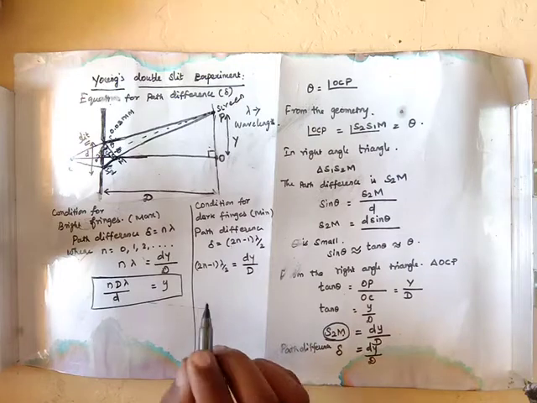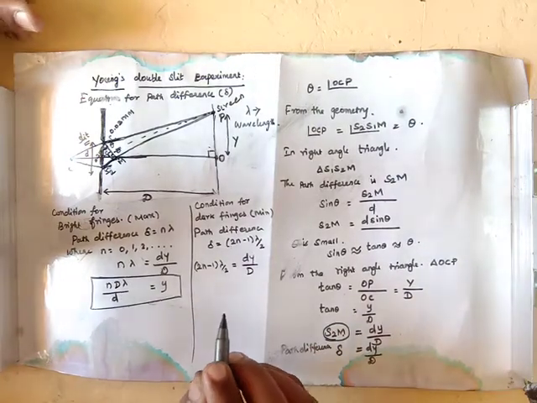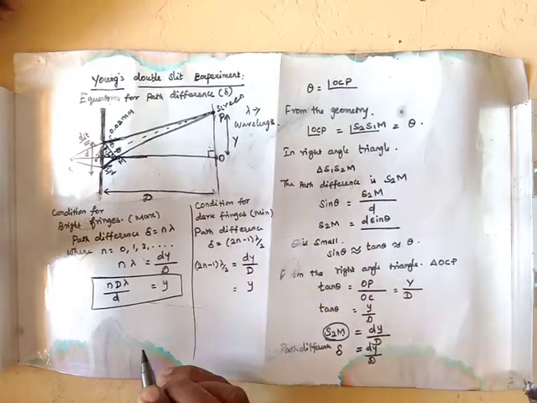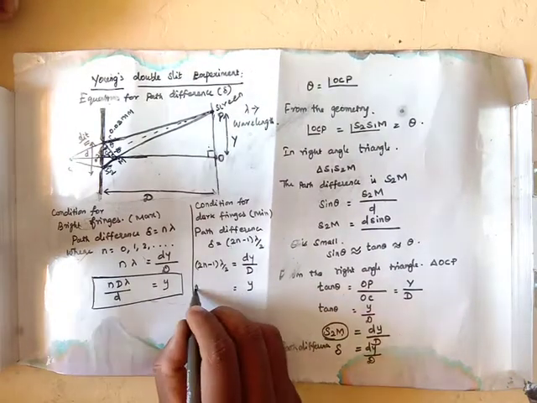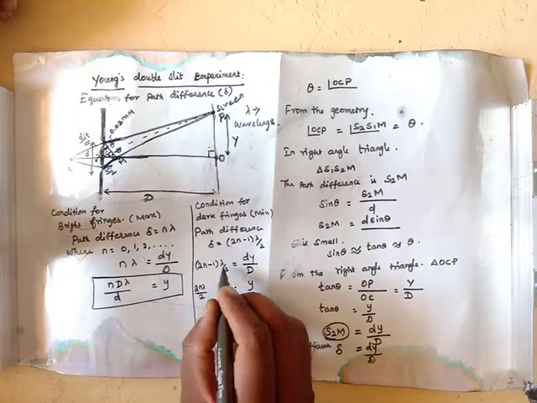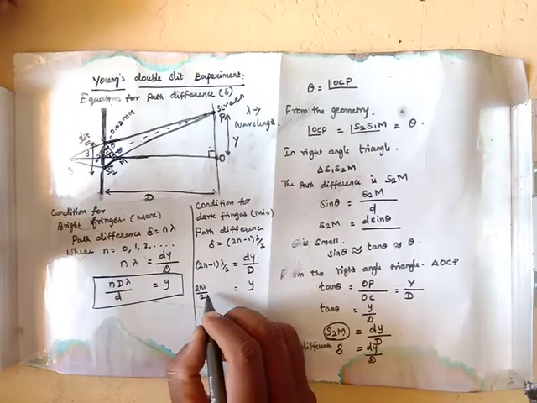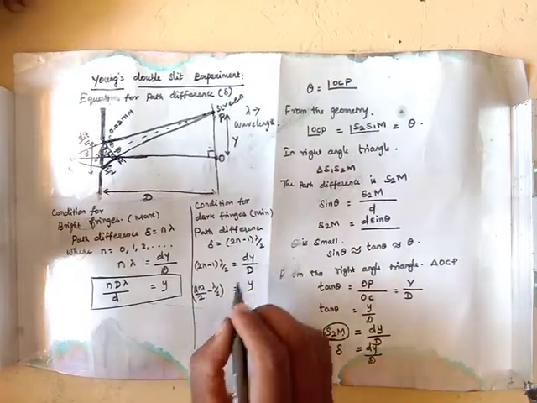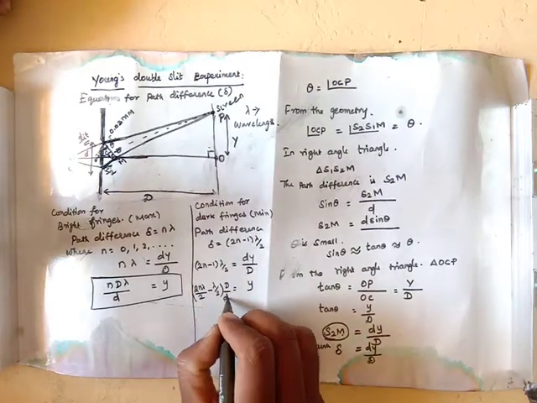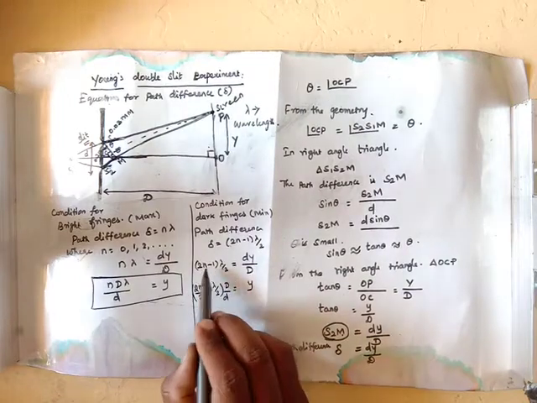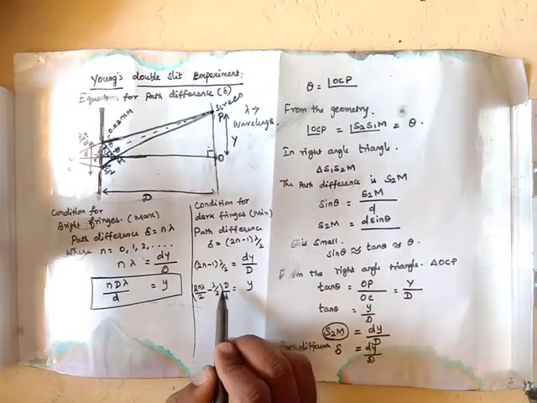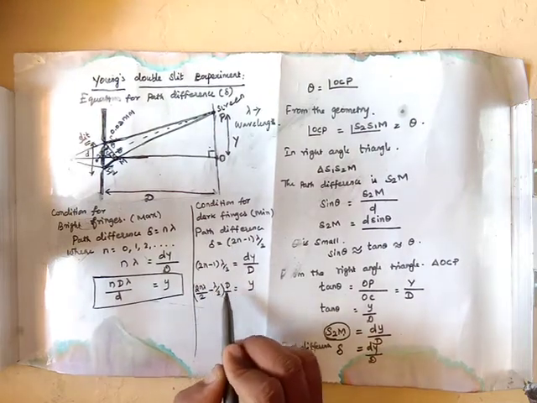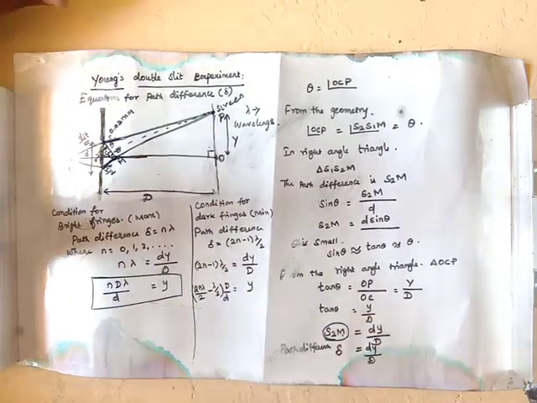At what distance does it produce a dark fringe? You can calculate the value of y. y is equal to 2n lambda divided by 2, minus lambda divided by 2, into d divided by d.